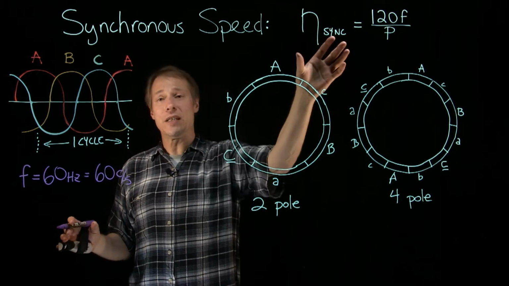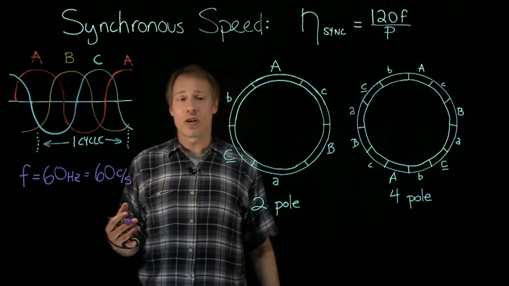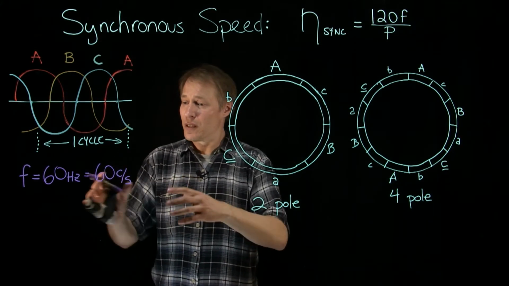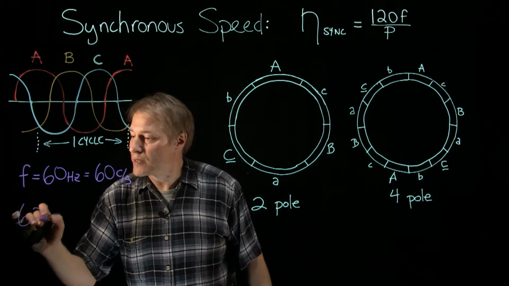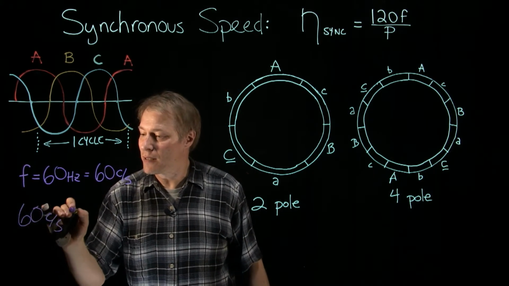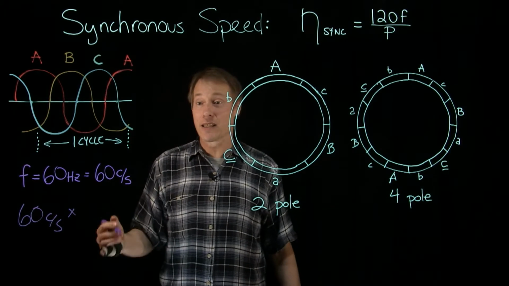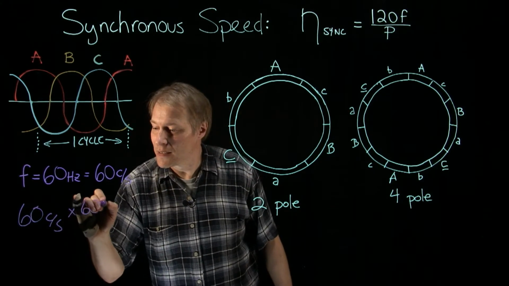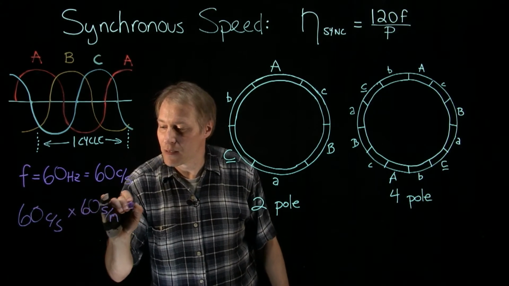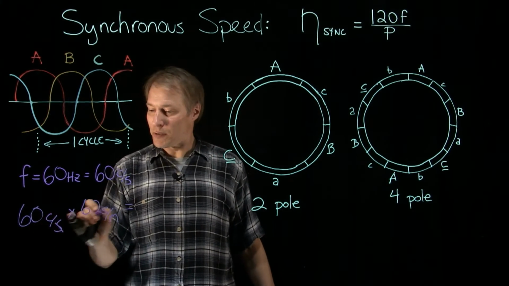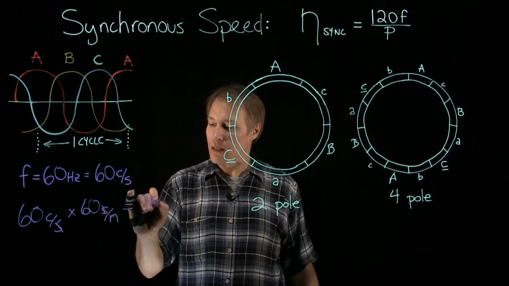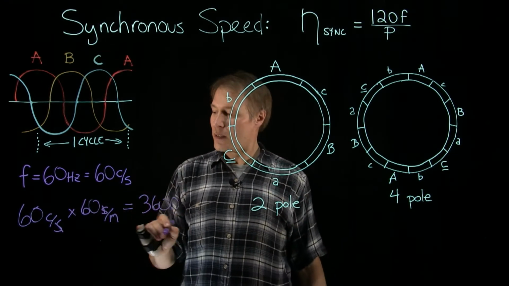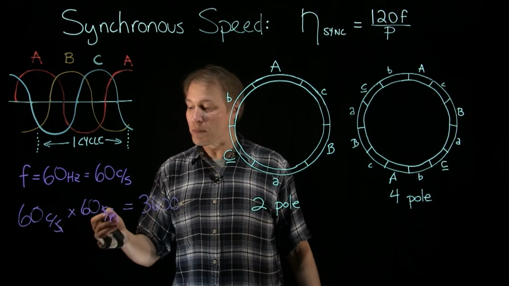Now, when we're talking speed, it's measured in RPM, so we have to do some kind of conversion. So let's look at that. We have 60 cycles per second times how many seconds in a minute? 60 seconds per minute. Do some simple canceling here. So we basically got 60 times 60, 3,600. And then the unit is cycles per minute.